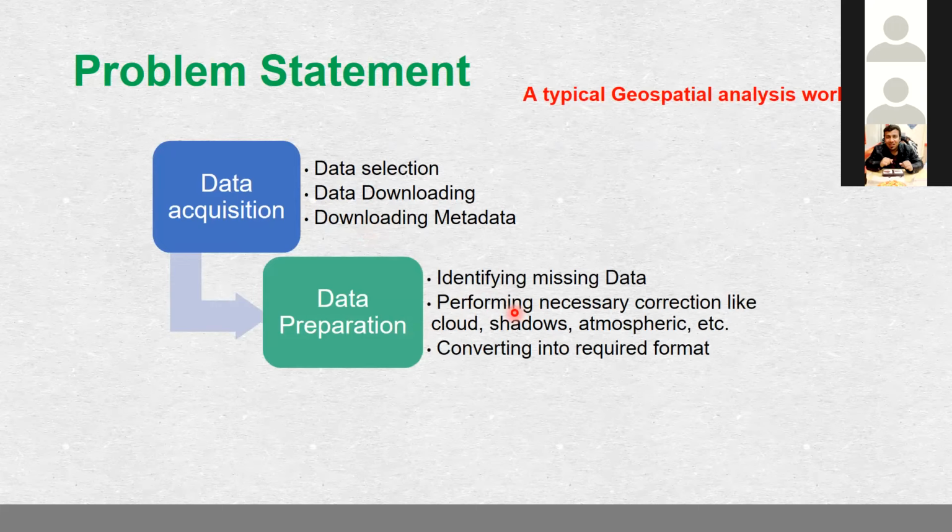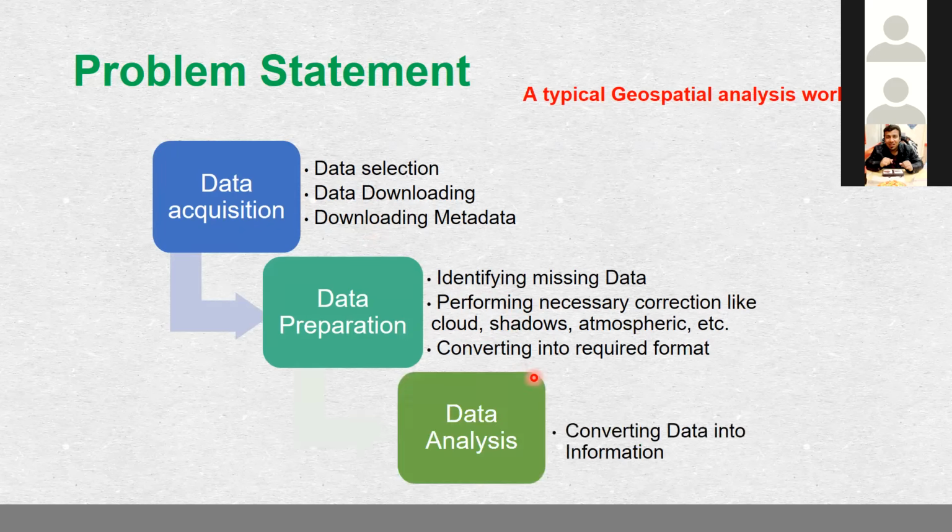We perform necessary corrections like cloud correction, shadow correction, atmospheric correction. Then we convert that particular data into the required format so that it can be incorporated into XYZ or any model. Then the last part that we do in any type of geospatial analysis is the data analysis. That means we convert that data into information, either with the help of some formulas, some numerical methods, or some approaches. So these are the typical geospatial analysis work.